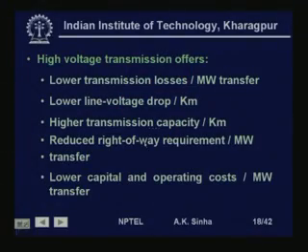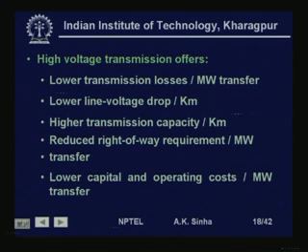Since more lines means you require much more space for putting your transmission towers and other things, the right of way has to be bought by these transmission companies from the people whose land they are going to build these transmission towers on. So if we use higher voltages, we also reduce the right of way requirement per megawatt transfer.